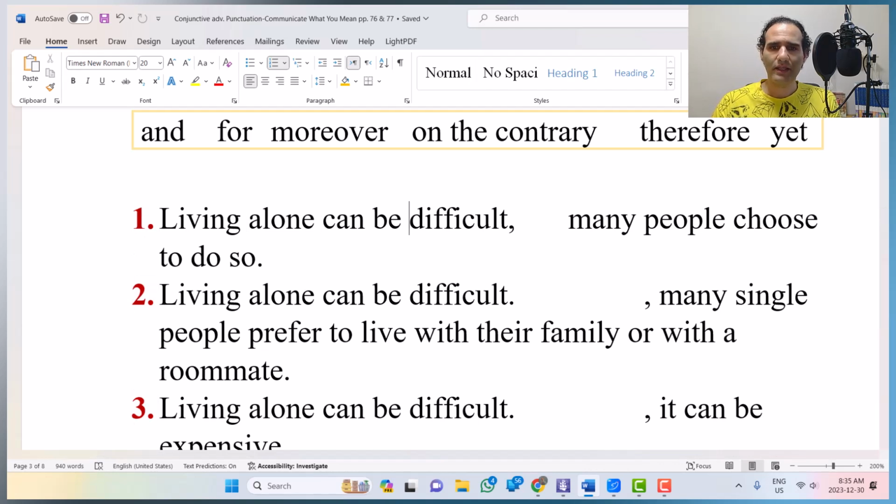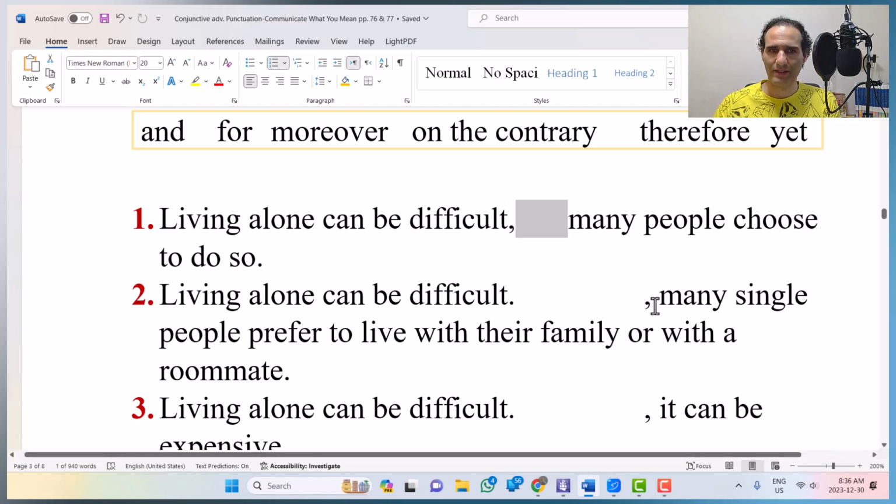Living alone can be difficult. What's your suggestion? Many people choose to do so. So we need a contrast here. It can be yet, it can be on the contrary. Which one do you suggest? Punctuation here tells us that it needs to be a coordinating conjunction. What do I mean?